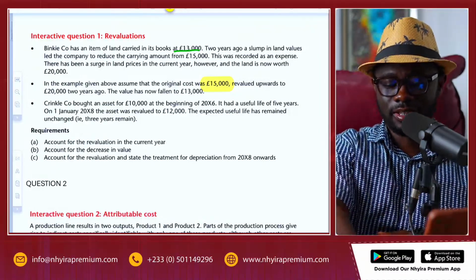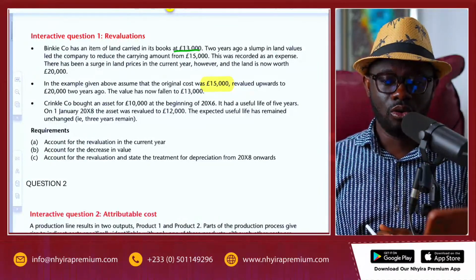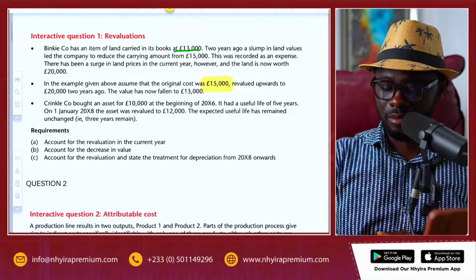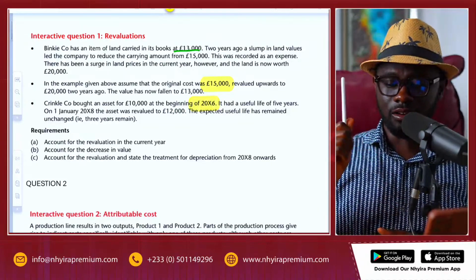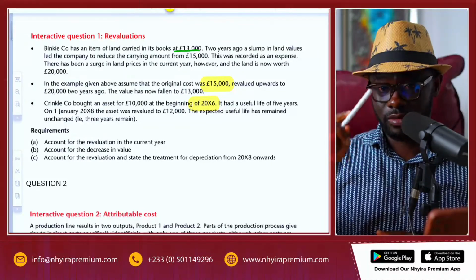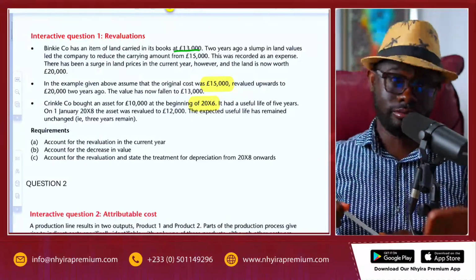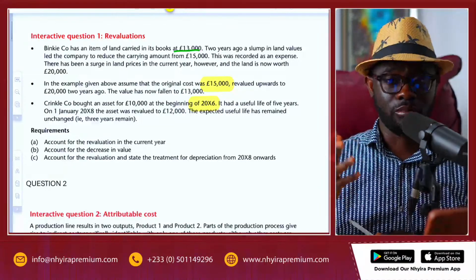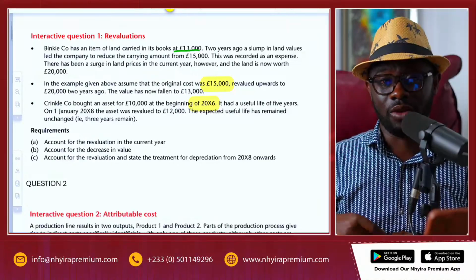It says that Crinkle Co. bought an asset for £10,000 at the beginning of 20x6. Now, for disclaimer purposes, this set of questions comes from the corporate reporting and audit and assurance manual for the London School of Business, for the Institute of Chartered Accountants in England and Wales.